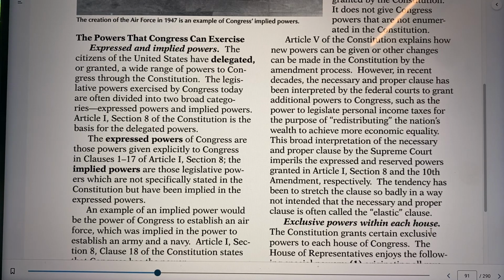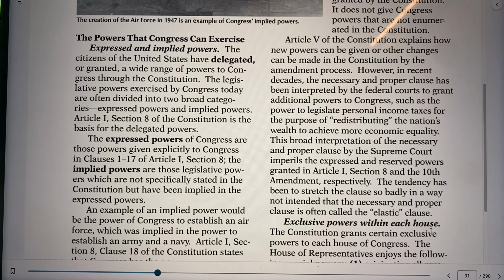So basically they're the powers that are expressed in clauses 1 through 17 of Section 8, which very explicitly give out these powers that are given to Congress. So they're named powers there. You can read them and they have the power, right?